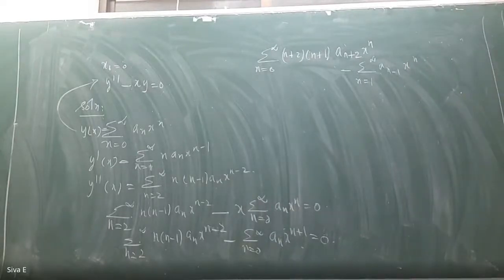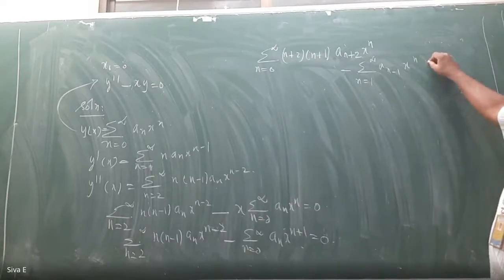So what is the next step? See the last problem, the same procedure. So here starting from n equal to 1 to infinity, therefore the equation, you give some equation number here.